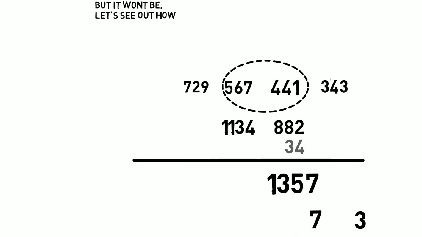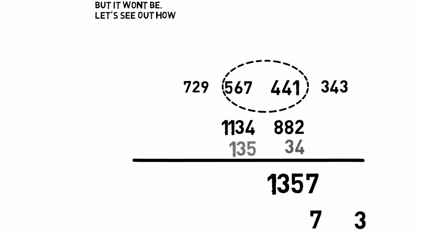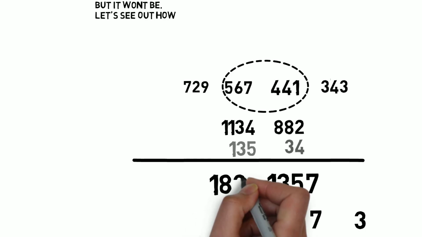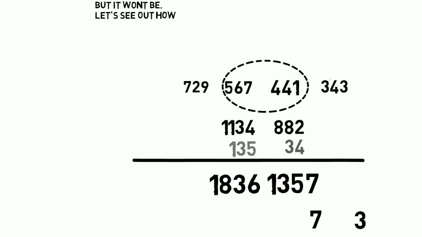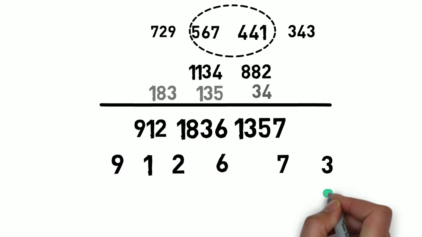Again, bringing down 7 and carrying over 135. Adding 567, 1134 and 135 gives us 1836. Bringing down 6 and carrying over 183. Finally, adding up 183 and 729 leads us to our final solution, 912673.